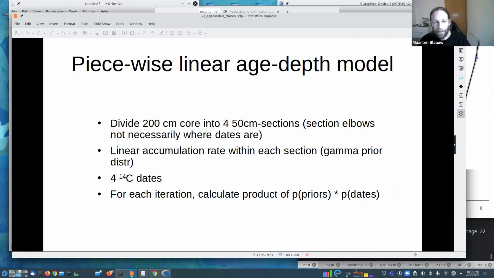We assume linear accumulation within each section, and the value of that linear accumulation is constrained by a gamma distribution. And then we also have 4 dates, and for each iteration, as we saw before, we calculate the fit, and the fit is simply the product of the likelihood of the priors times the likelihood of the dates.